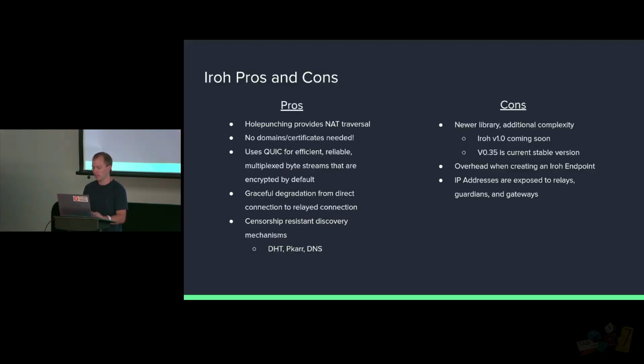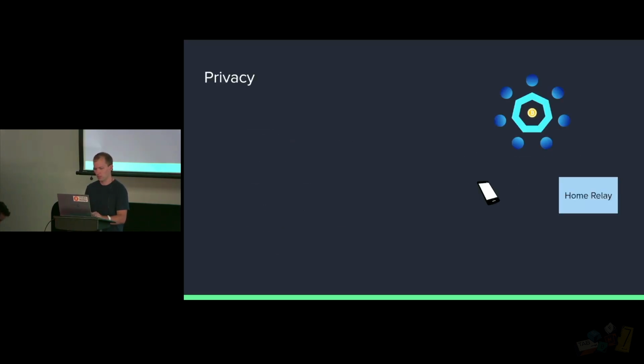And then privacy. The IP addresses when you connect to a relay are exposed, so relays can potentially figure out who you're connecting to. And then also it's a direct connection, right? So clients, when they're talking to guardians or at the gateways, your IP address will also be exposed in that. And I'll talk about privacy in a second here. So like I said, the guardians can observe the IP addresses.